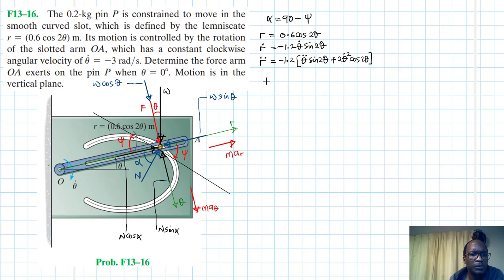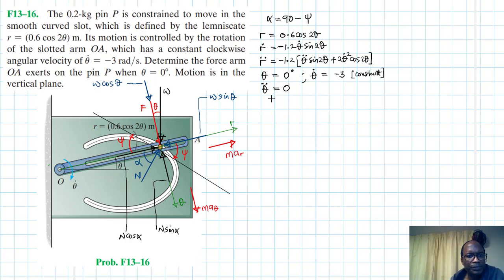Of course, you do get it. Why not? And then theta is just equal to 0 degrees, and theta dot is given as equal to minus 3 rads per second, and theta double dot is just equal to, this is constant, and because this is constant, we expect this to be equal to 0.